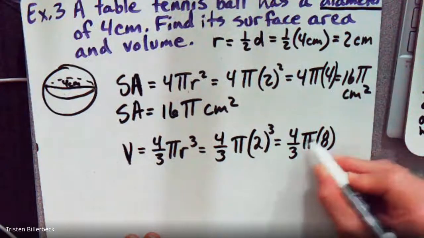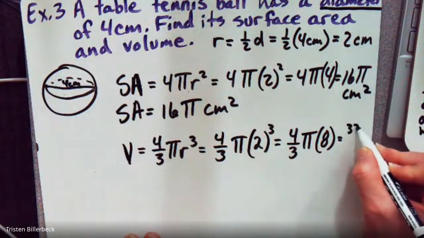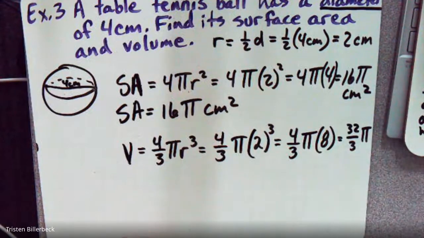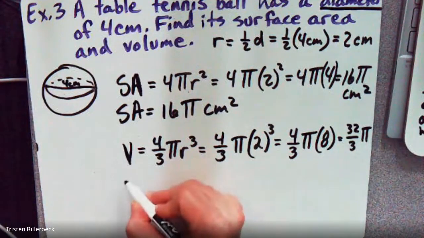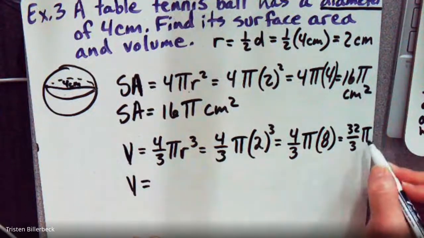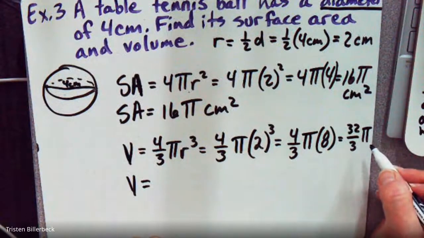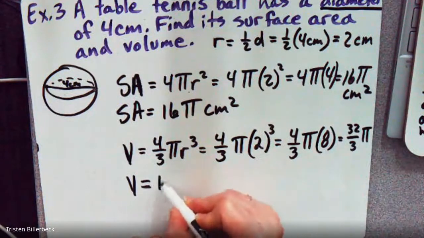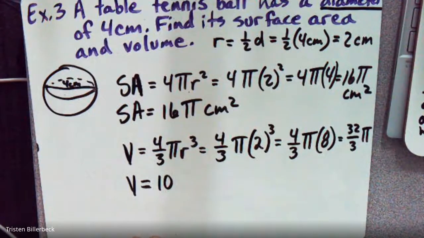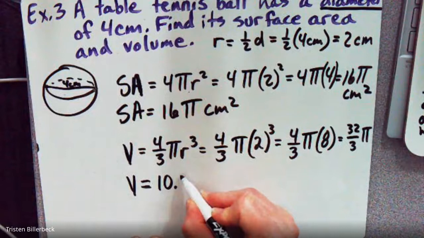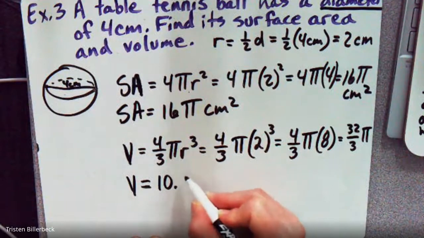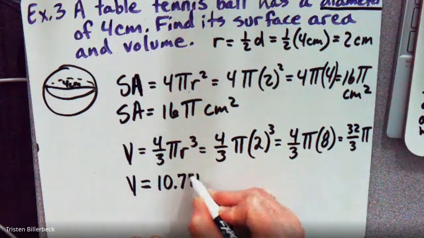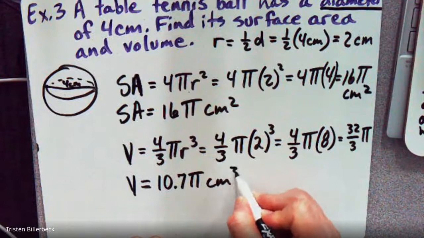So 4 times 8 is 32 over 3 pi. Let's try to figure out what 32 over 3 is. We divide 32 by 3, and I'm going to do that one in my head, so that's 10 and 2/3, and 2/3 is 0.67. So let's just round that to 10.7 pi centimeters cubed.